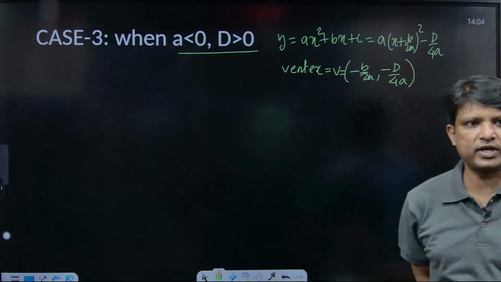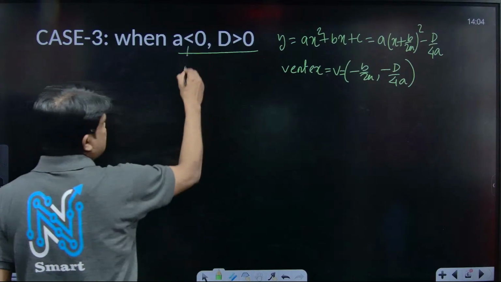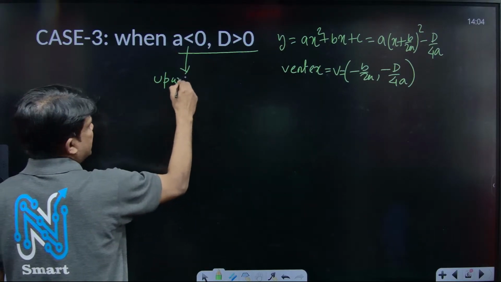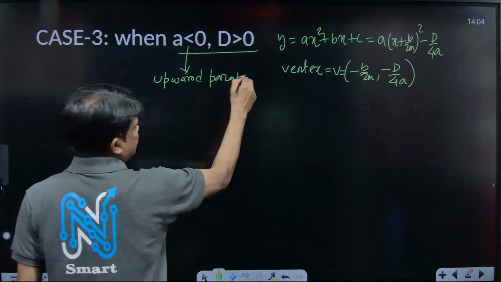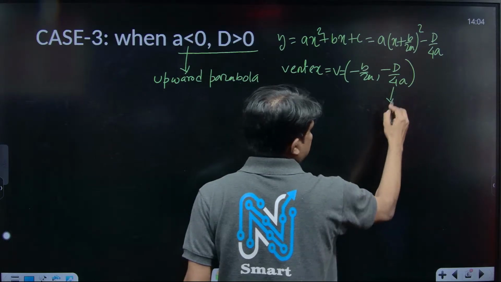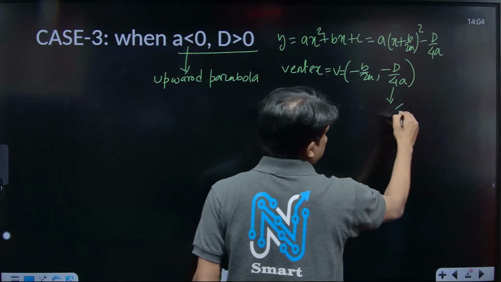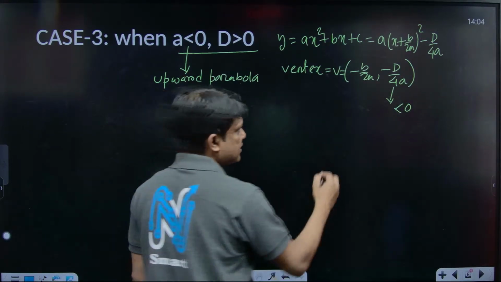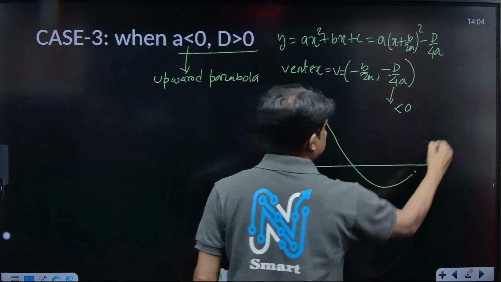But when a is positive, we know it is an upward parabola. For this condition, already you know this expression, upward parabola, but the vertex ordinate is negative. That means the vertex is below the x axis.